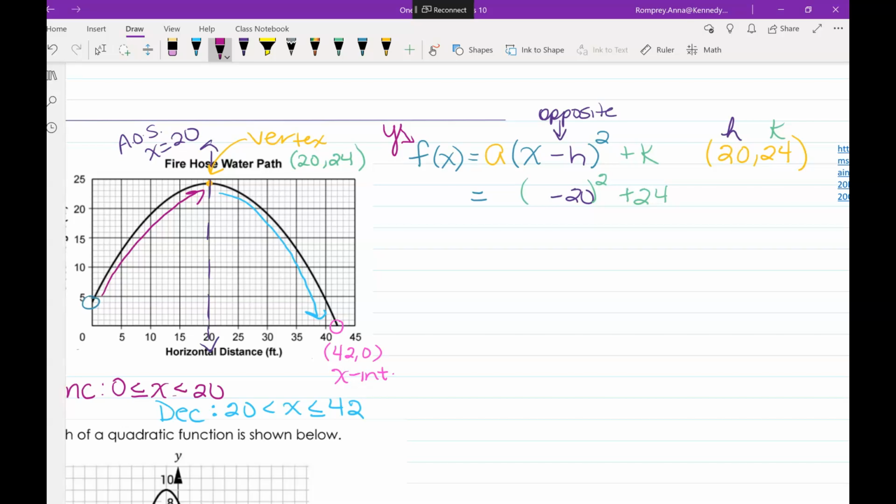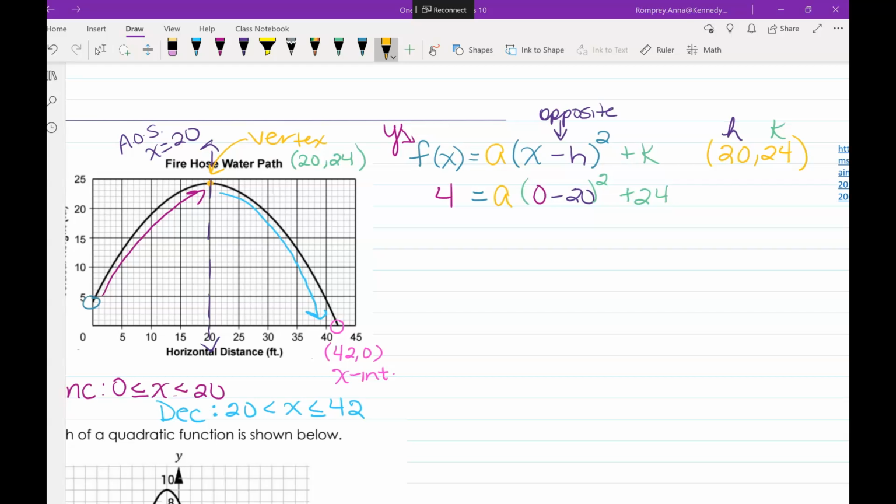So I'm going to pick a nice, easy point. How about 0, 4? I love when 0 is involved because it usually helps us cancel out. So 0, 4. Well, what's 0 and what's 4? 0 is my x, 4 is my y. So I'm going to replace y with 4 and my x with 0, and we're going to solve for a.